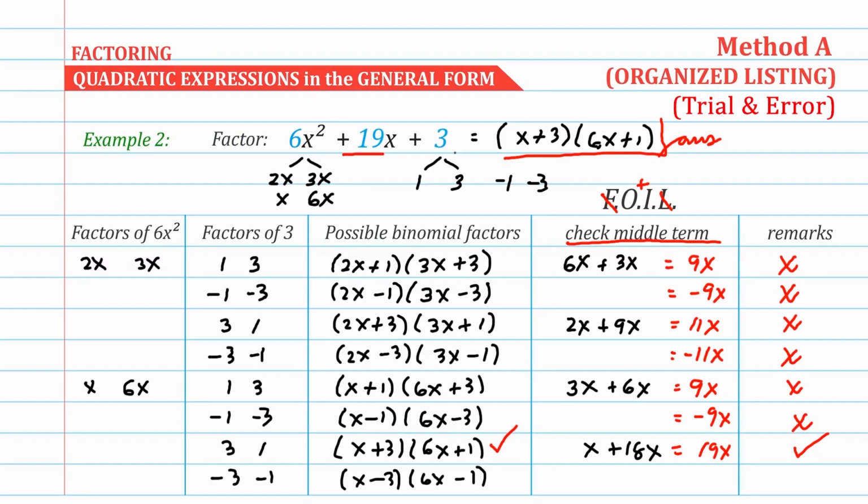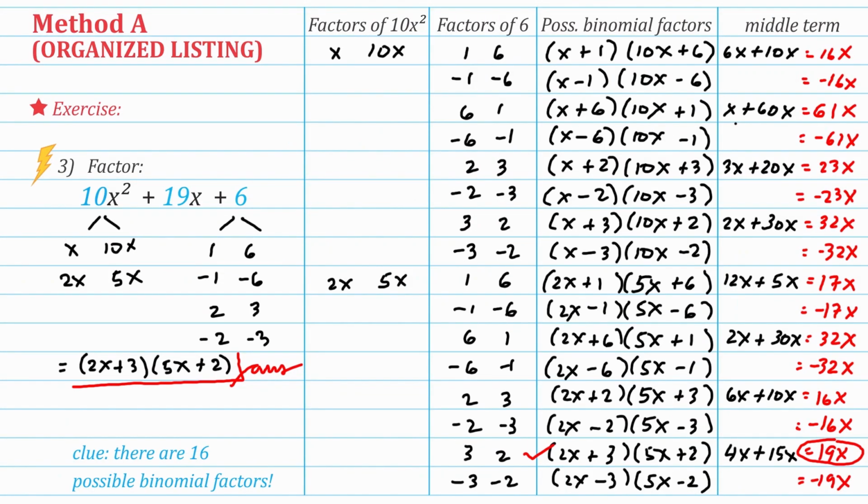Remember this from the previous video? This one. Oh man! So many, right? In this video, we are introducing an alternative, a faster way of solving called the AC method.